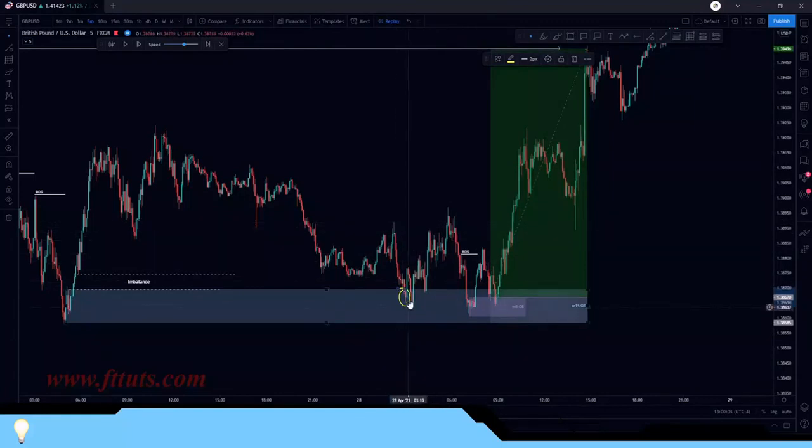So if this move to the upside wasn't enough to take partial profits or mitigate risk, and price comes back to the point of origin, slightly spiking below these lows, however this confirmation entry order block here has always been respected. You can see it only spiked below but never closed below it, right? So we never wiped out this lower time frame order block or point of interest.